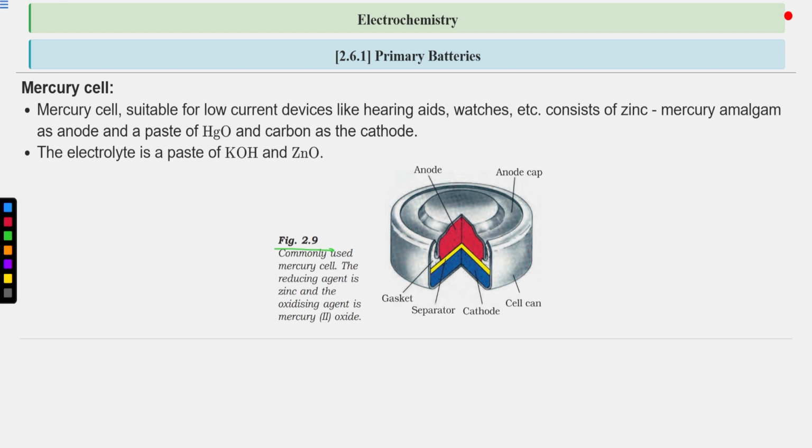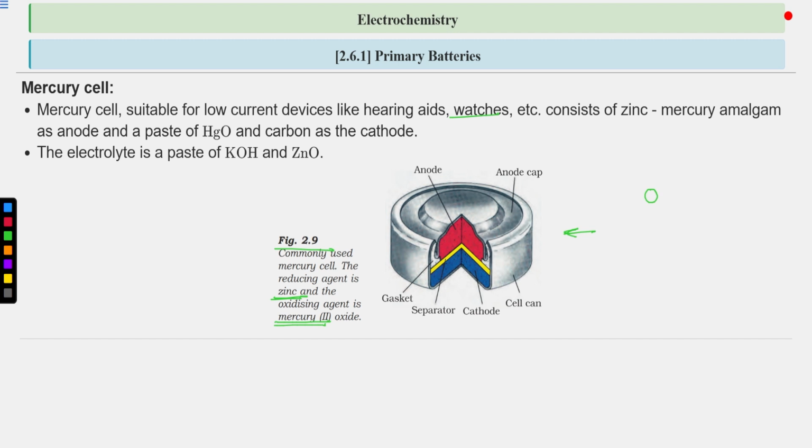In the commonly used mercury cell, the reducing agent is zinc and the oxidizing agent is mercury(II) oxide. You can see it is circular. This is the kind of cell we use in our watches too, because watches need this circular type of cell. That is called the mercury cell, which we use in watches.